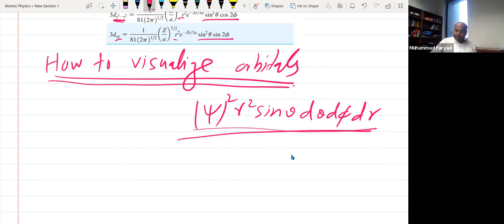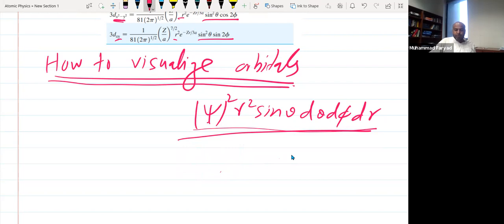Just to expand this, psi mod square is r² Ylm² sinθ. By the way, right now it's not Ylm², because for these real wave functions we have taken the linear combinations.